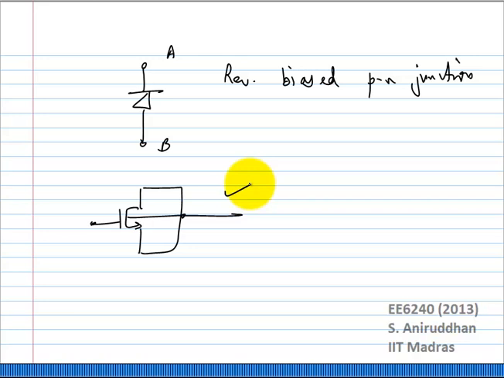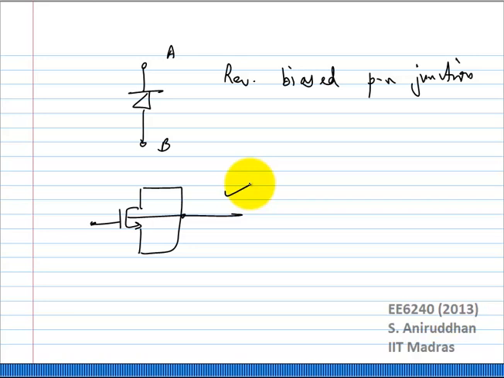So let us take the case of the inversion region. What is the capacitance? Depends on which nodes you are looking at. But let us consider this particular case where I am shorting together the drain, source and bulk. What is the capacitance in the inversion region? WL Cox.